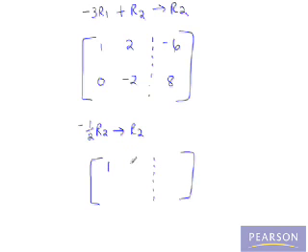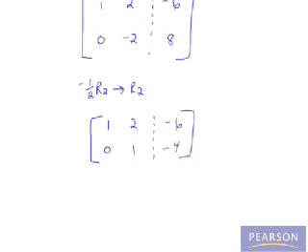So row 1 is 1, 2, negative 6, and now we'll carry out the row operation. 0 times negative 1/2 is 0. Negative 1/2 times negative 2 is positive 1, and negative 1/2 times positive 8 is negative 4.